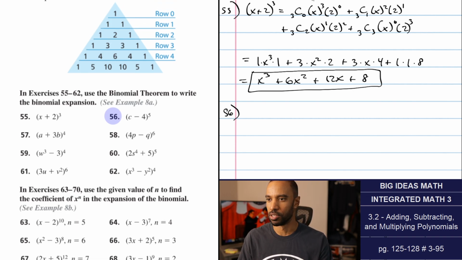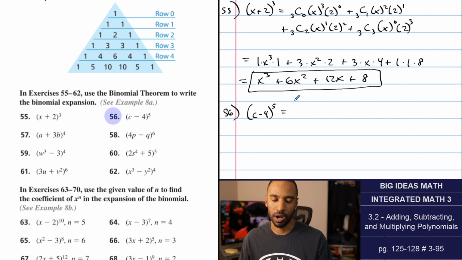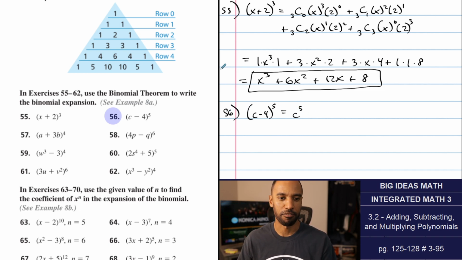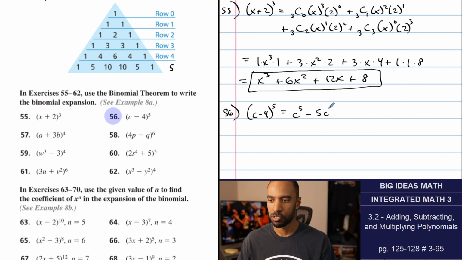That first example was of what we were doing before, and this is still more of the same. So c minus 4 to the 5th power. We are using the binomial theorem. We are expanding binomials. So I start with 1 times c to the 5th. We're in row 5, by the way. This is row 5. 1 times c to the 5th. Change the sign. Minus 5 times c to the 4th times 4.